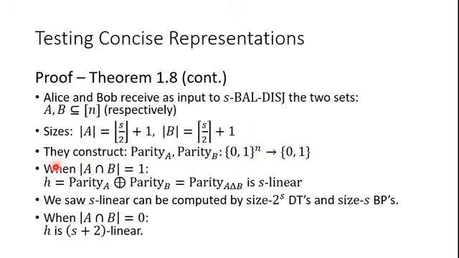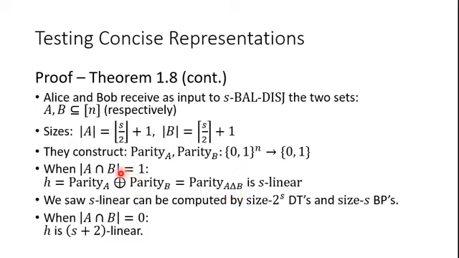What we can see is that when the size of the intersection is 1, and it has to be either 1 or 0 because it's guaranteed from the S-balanced disjointness problem setup, then H equals parity A XOR parity B. And this we've already seen equals the parity of the symmetric difference between A and B.